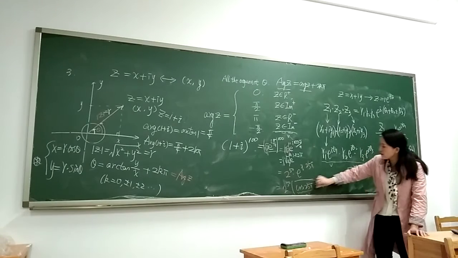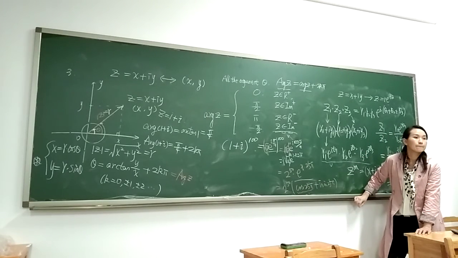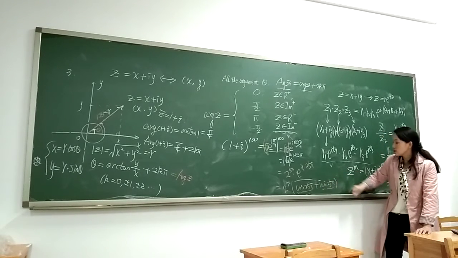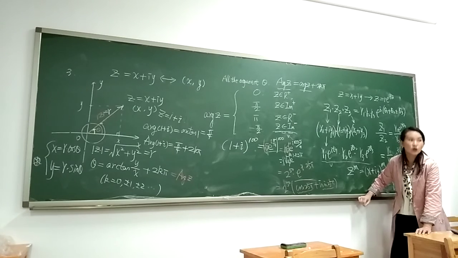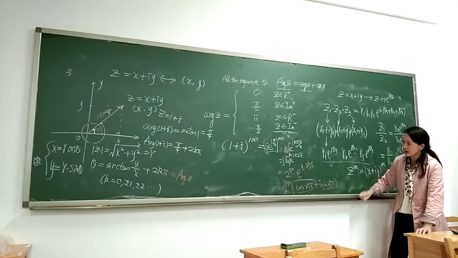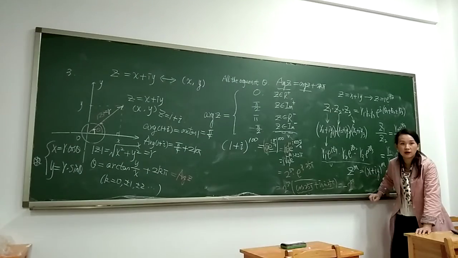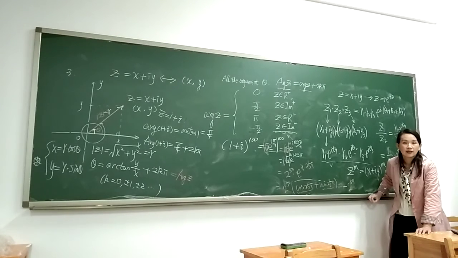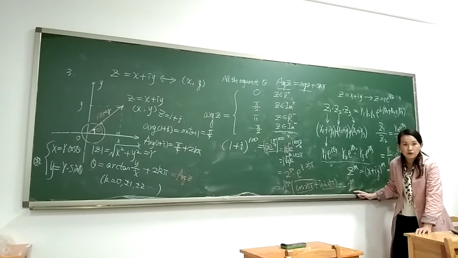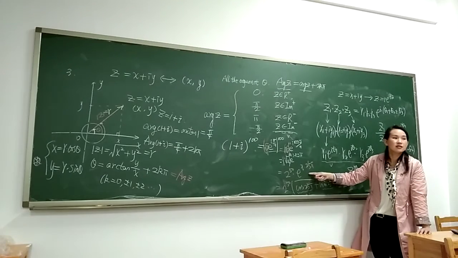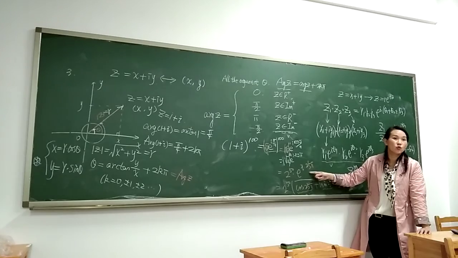So cosine 25π is equal to -1, and sine 25π is 0. So the last answer is -2^50. This is the perfect answer. But if you write like this one, it is also right.